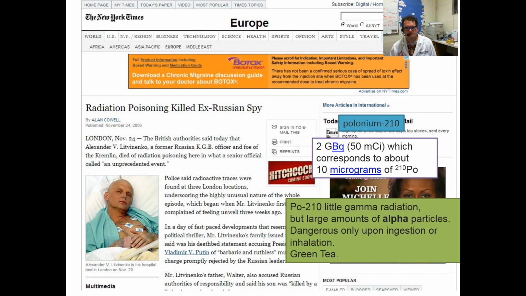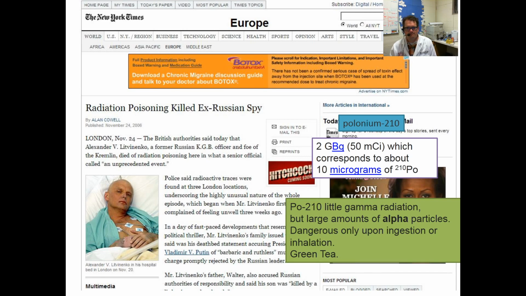He died of radiation poisoning, and what they found was that he was poisoned not by gamma radiation, but by consuming a very small amount of polonium-210, which corresponds to about 10 micrograms of polonium-210.